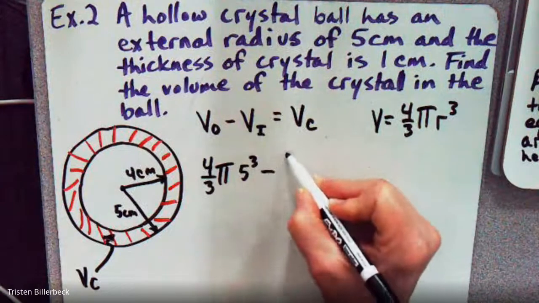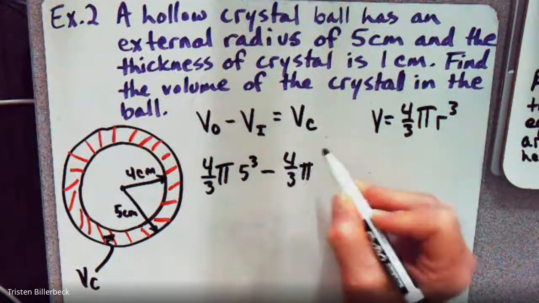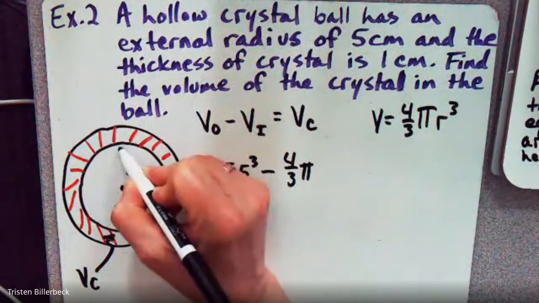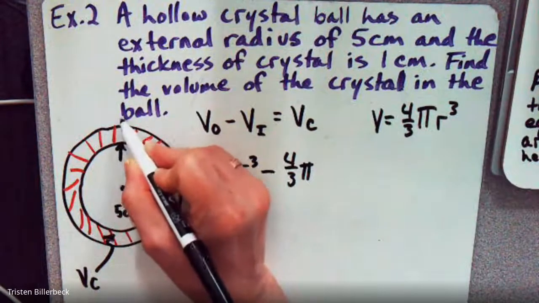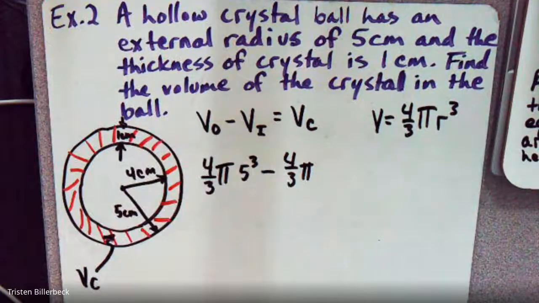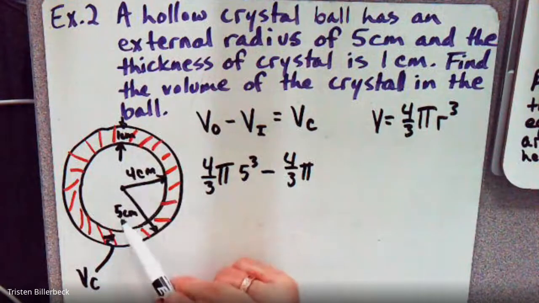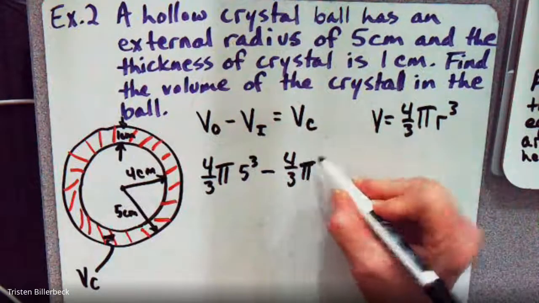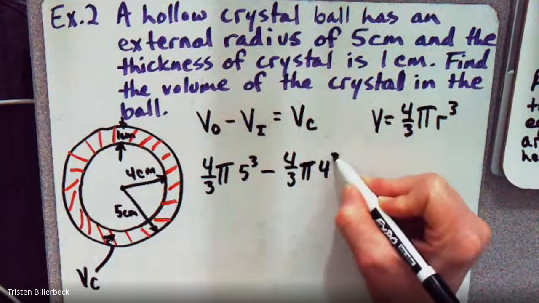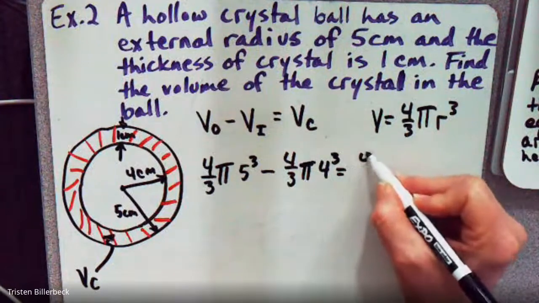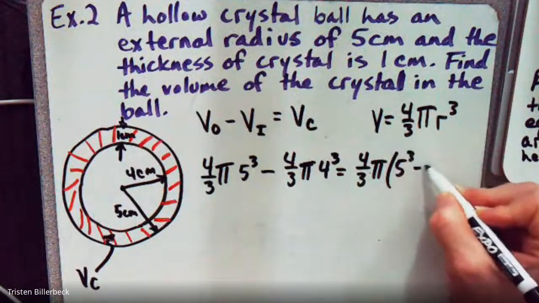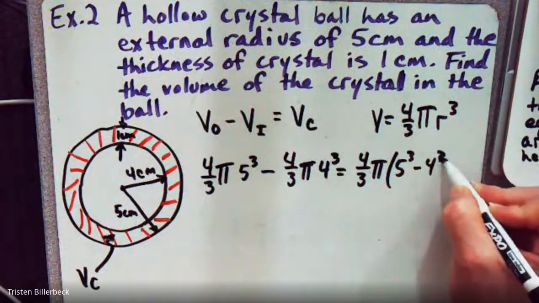And then we're going to subtract 4/3 pi and the inner radius cubed. If you didn't follow, this little part here is 1 centimeter, and 1 centimeter plus 4 is 5. That's where I got the 4 centimeters. So this one's going to be 4 centimeters cubed, but I can just say 5 cubed minus 4 cubed, and I'll have my answer really quick.